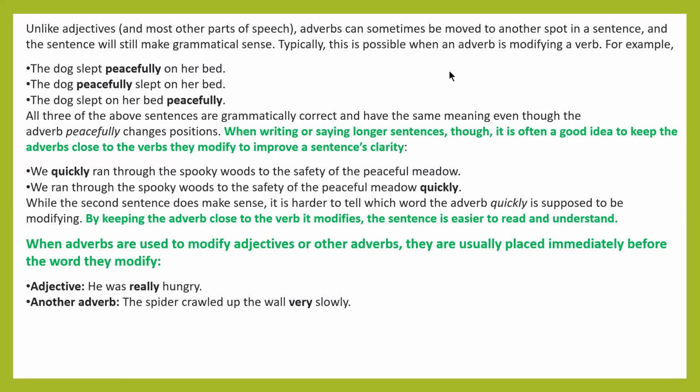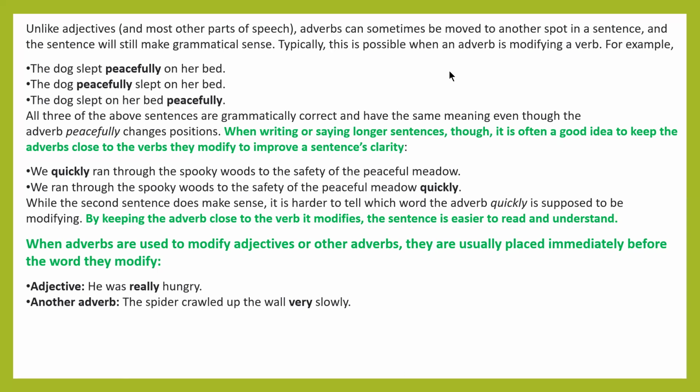Example, adjectives. He was really hungry. Hungry is an adjective and really is an adverb. So we are keeping this adverb before the adjective. Another example, if it is modifying another adverb: the spider crawled up the wall very slowly.